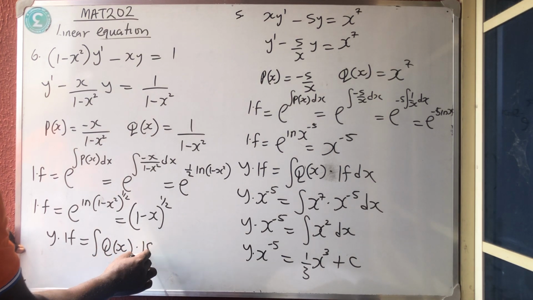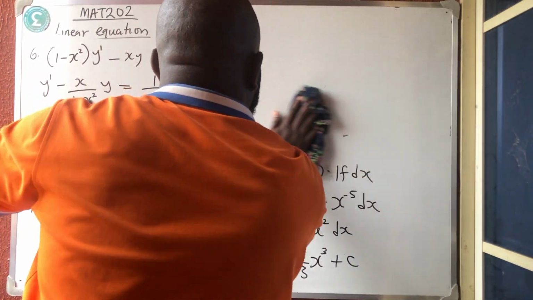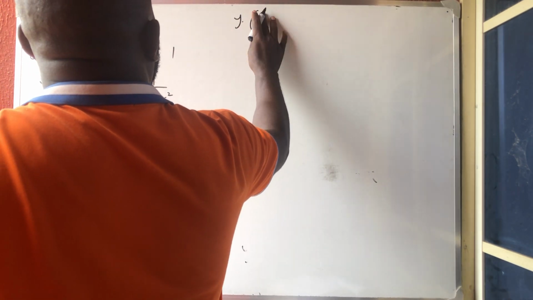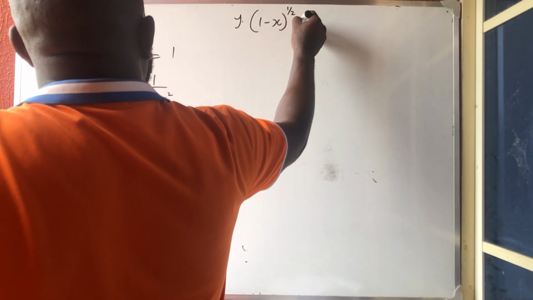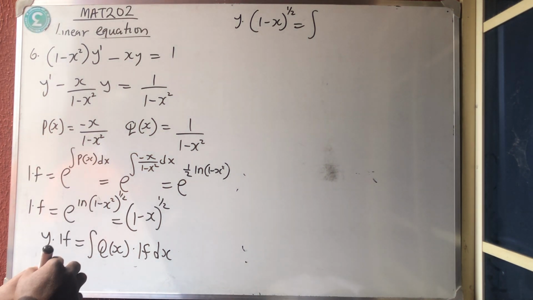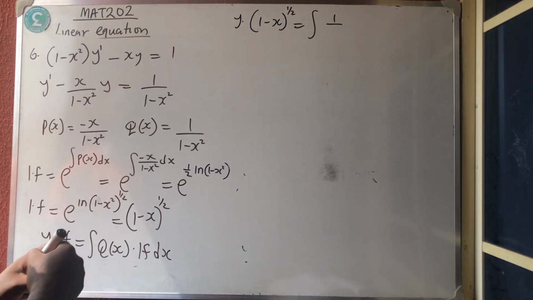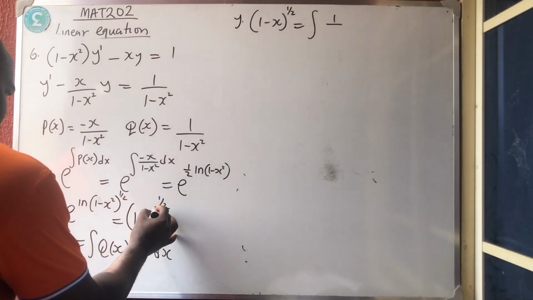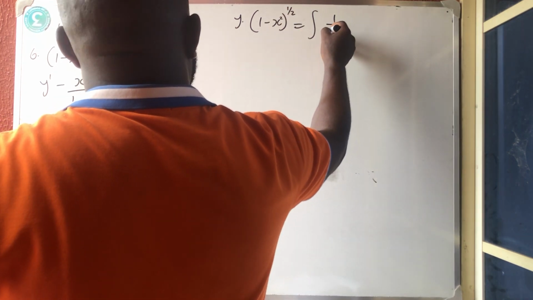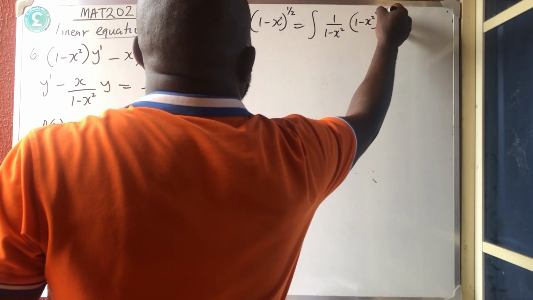Okay, so the solution becomes y dot integrating factor is equal to the integral of q of x dot integrating factor dx. So we are left with y dot (1 minus x squared) all raised to power 1 over 2 is equal to the integral of q of x, which is 1 over 1 minus x squared, multiplied by (1 minus x squared) all raised to power 1 over 2 dx.